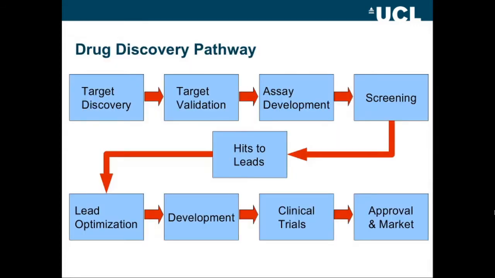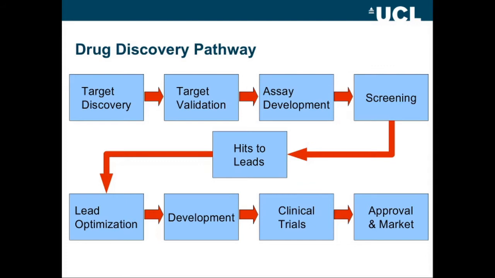So this little flowchart gives us an idea of the different steps that are involved in this process. We start with target discovery, so finding something that is involved in the pathology of interest. We move on to target validation, which, as I just mentioned, can be things like knockouts and knock-ins, looking to see whether if you do something to this particular target, it will have an effect on the pathology. Third, we move on to assay development.